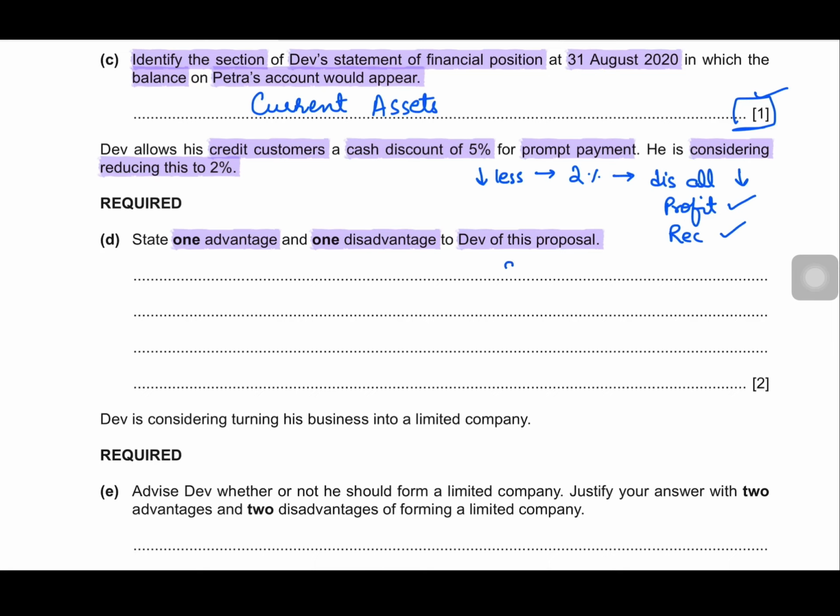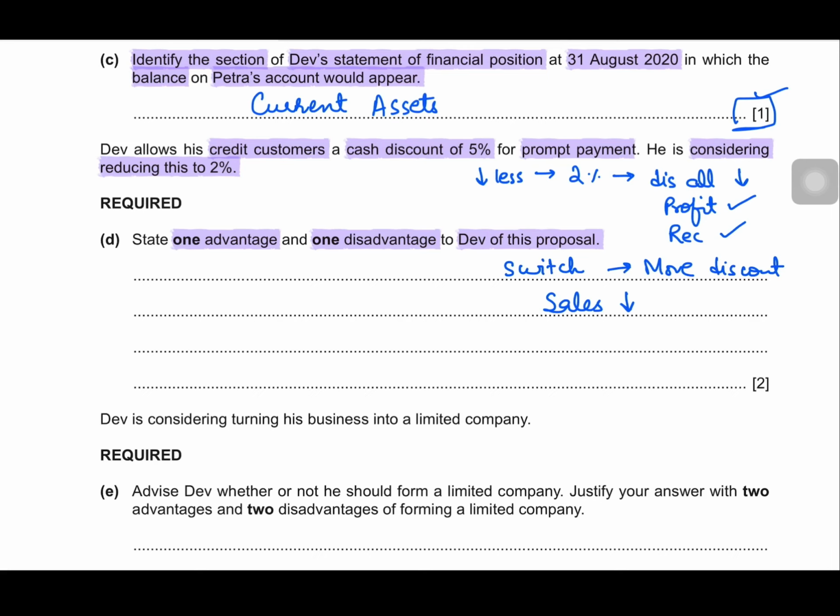They might even decide to switch to other competitors, other businesses selling the same furniture as Dave, if they are giving more discount, or if they are giving the same discount percentage as Dave, that was 5%. So this might put off some customers. This means that the sales might reduce in future because some customers might want to switch to other competitors.